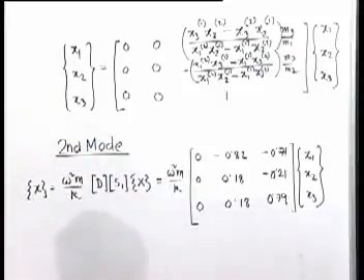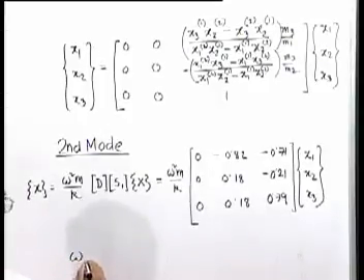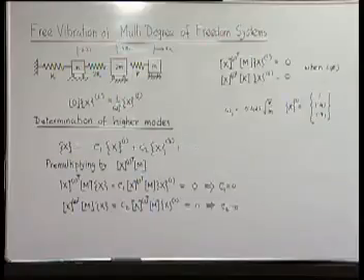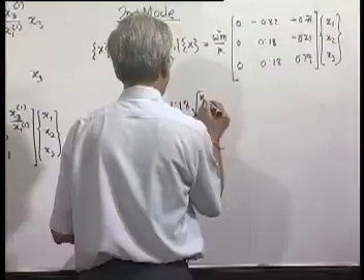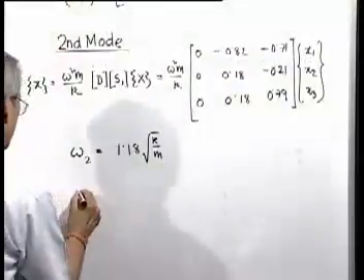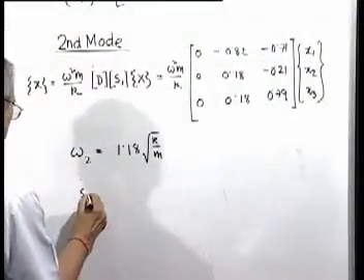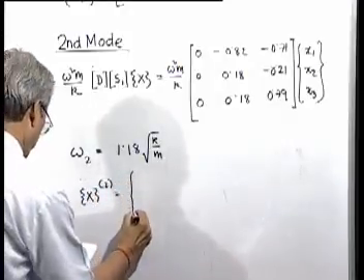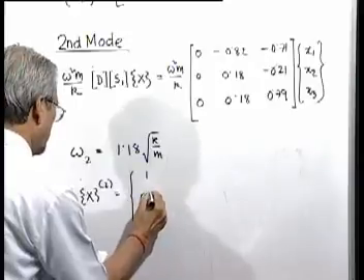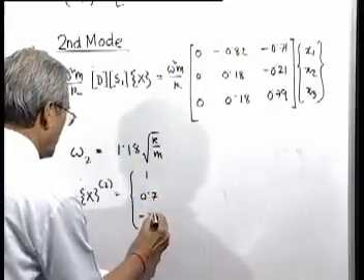it does not matter. What we will converge to, omega 2 or omega n2, will be 1.18 square root of k by m, and the second mode will be 0.7, minus 1.8.